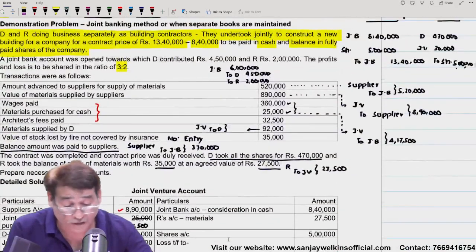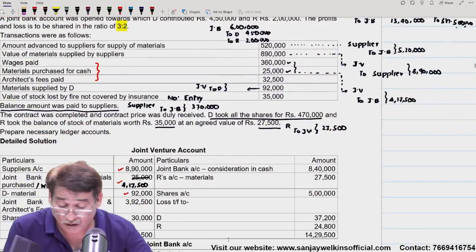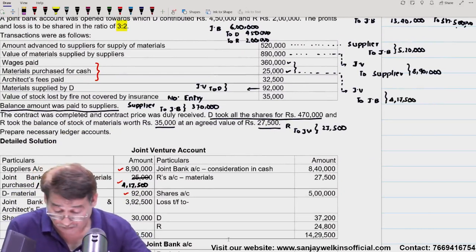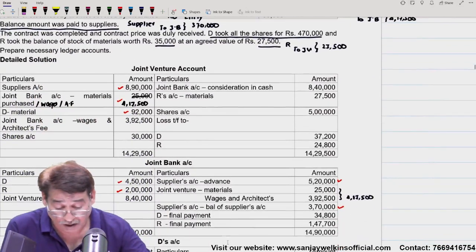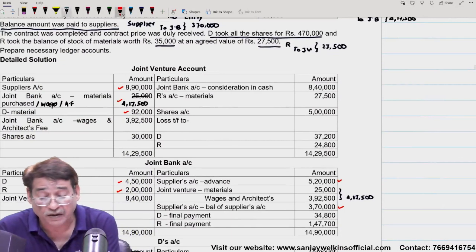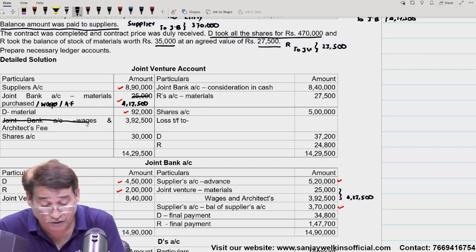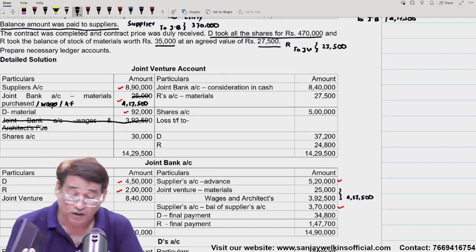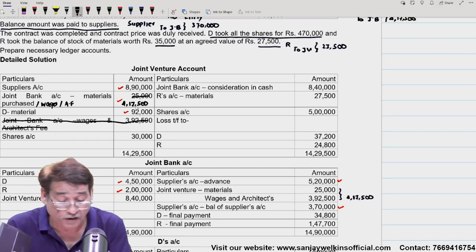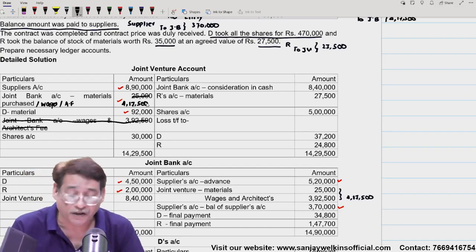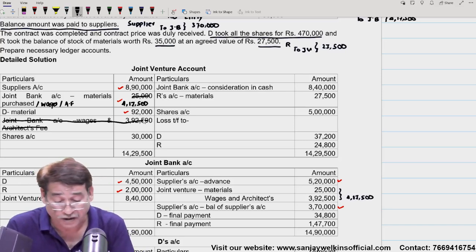Then finally, please cut this line. This line is not there in the question. In case it is written, you simply cut it out, because we have already written 4,17,500 here. So we need not write it again.